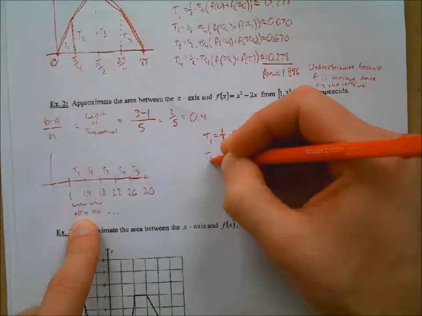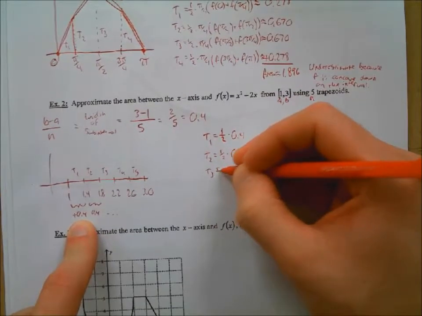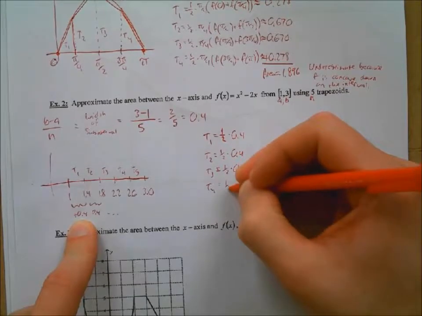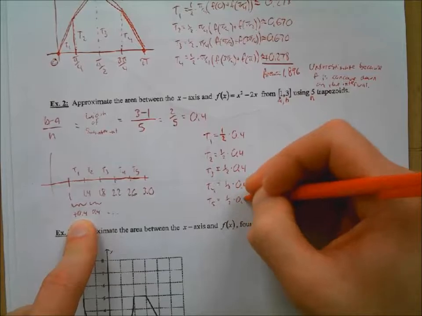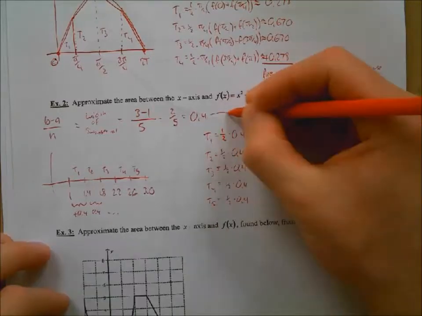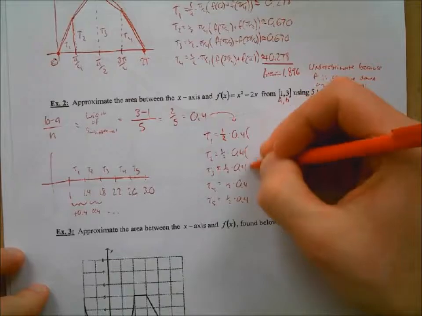And that's going to be true for all of these, so we can just put 1/2 times 0.4, 1/2 times 0.4, 1/2 times 0.4, 1/2 times 0.4. When I say the height of the trapezoid, remember that's really the width of our subinterval. And then all those get multiplied.